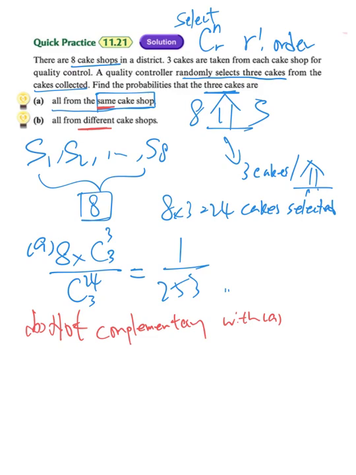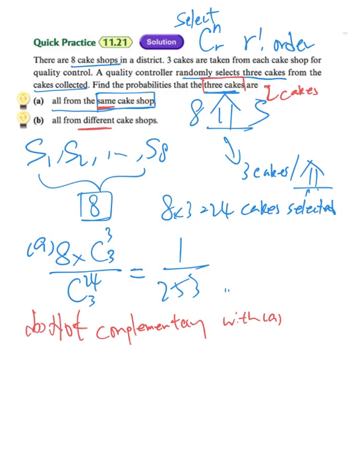Because you are taking 3 cakes, you are selecting 3 cakes right there. Even for 2 cakes, you can see that actually this is not complementary.